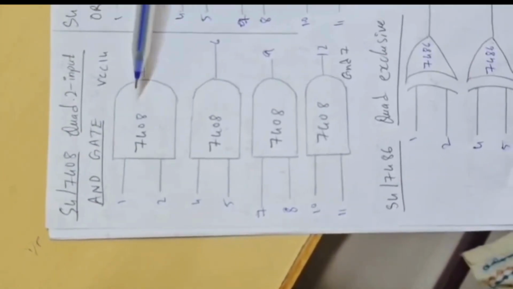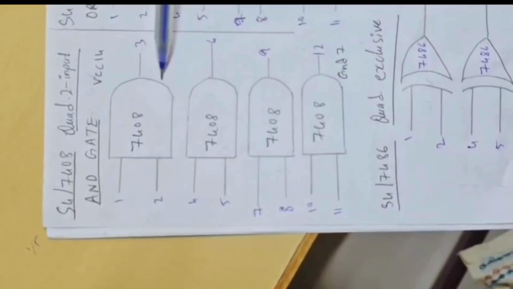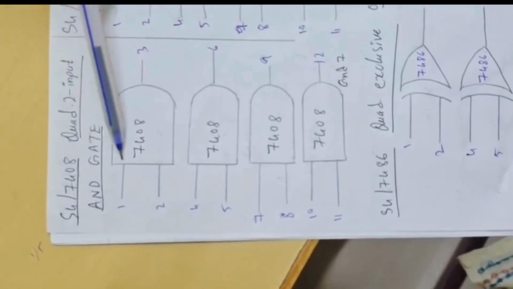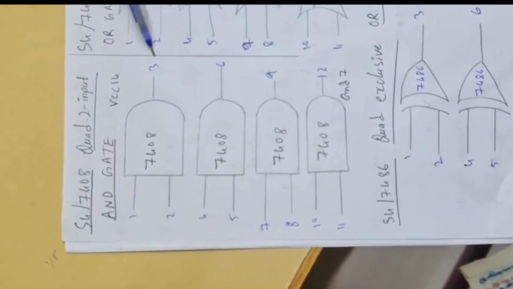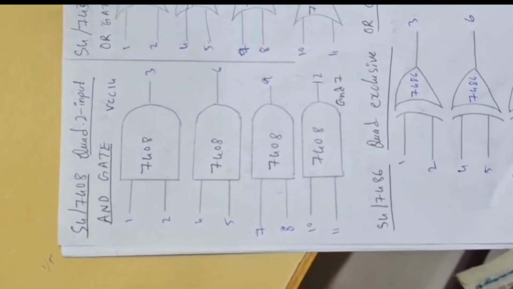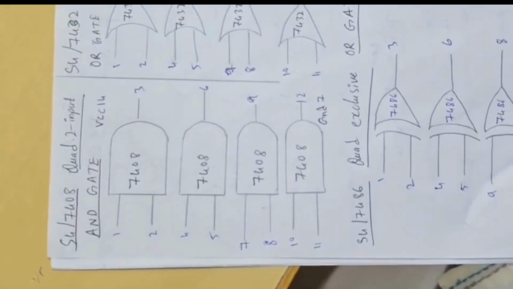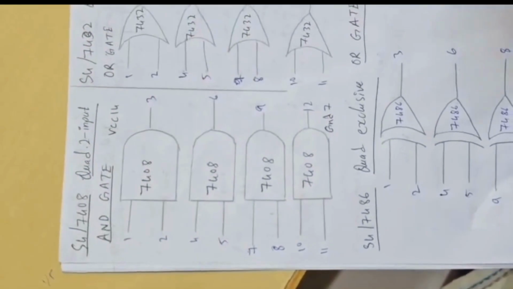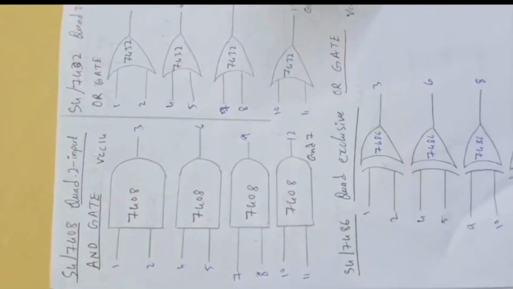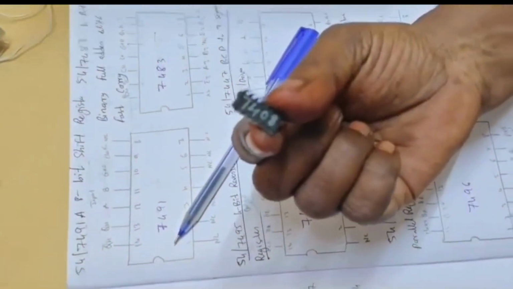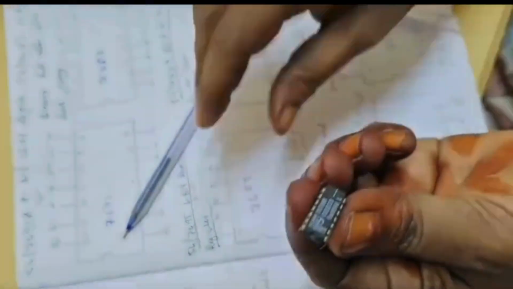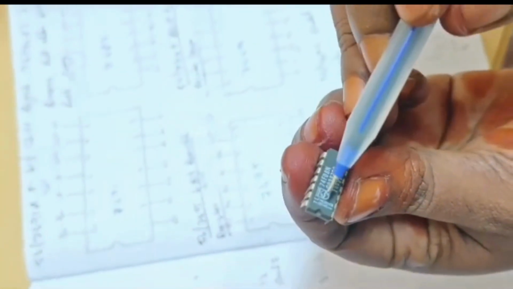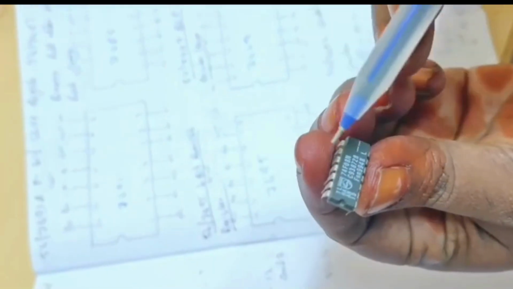It consists of 2-input AND gates, and the pin numbers are: pins 1 and 2 are the inputs for gate 1, and the output is the 3rd pin. Suppose you want to verify one gate in the IC 7408. This is the 7408 IC, and this is the notch to identify the pin numbers.